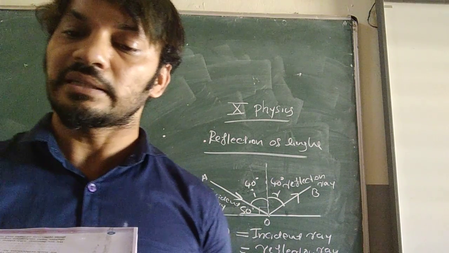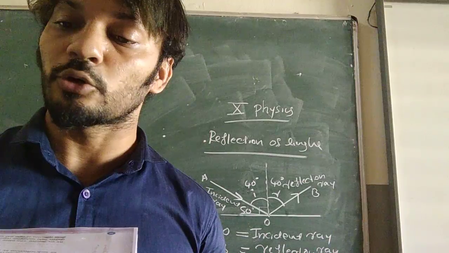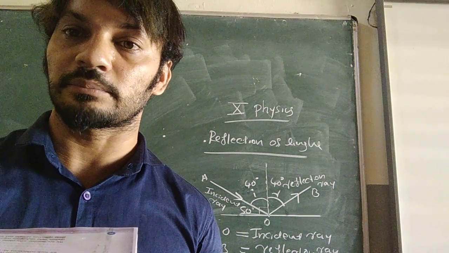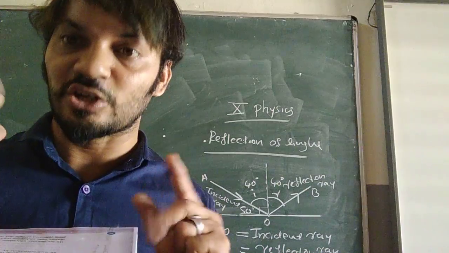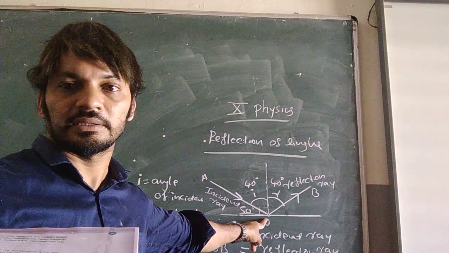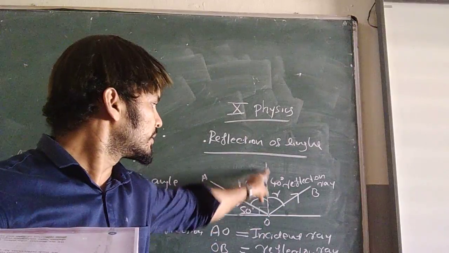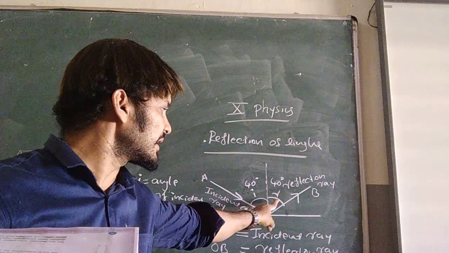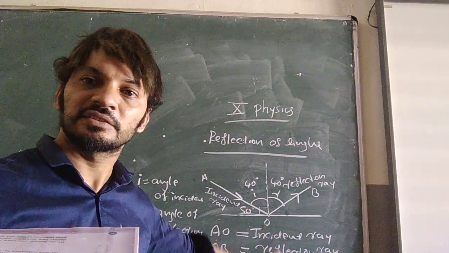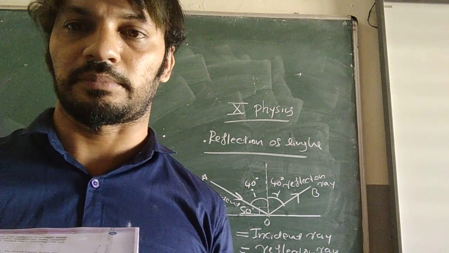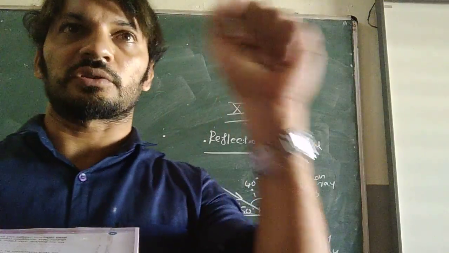Next question: are the incident ray, reflected ray and normal to the mirror at the point of incidence in a different plane, a different place? No, same place. Incident ray, normal, angle of reflection, angle of incidence, everywhere in the same plane. Is there a different plane? No, same plane. Now let us look at the box.